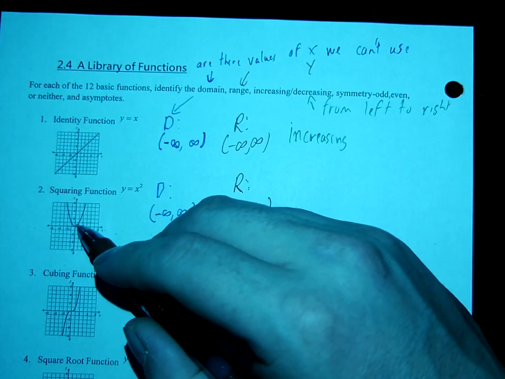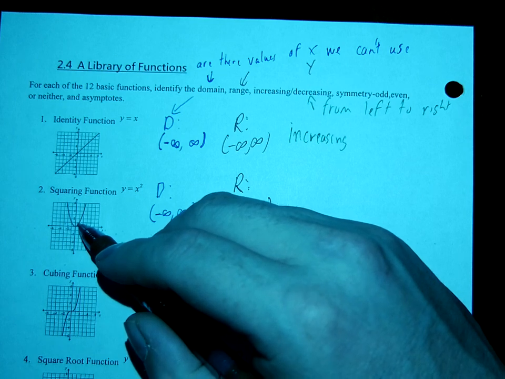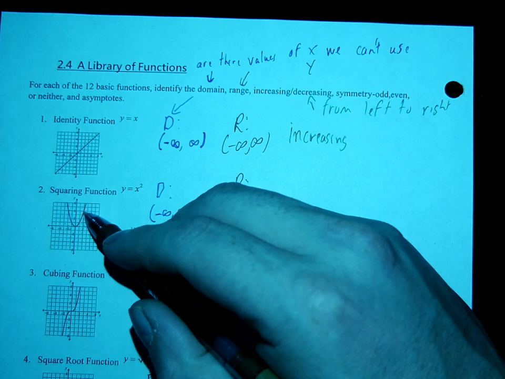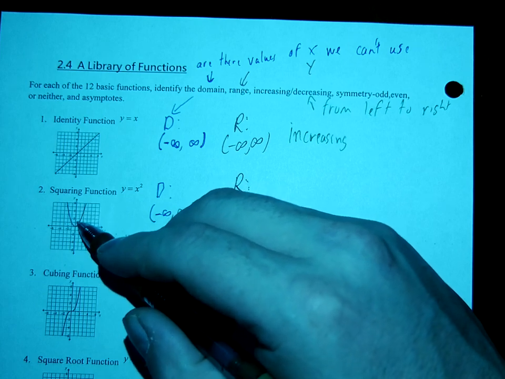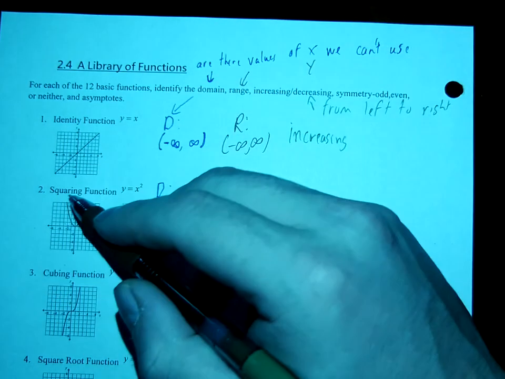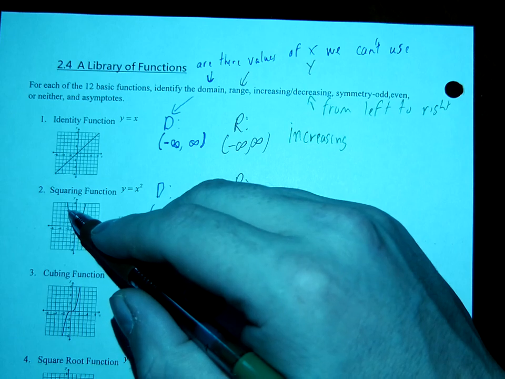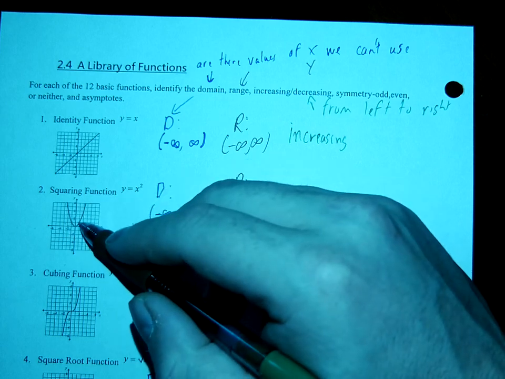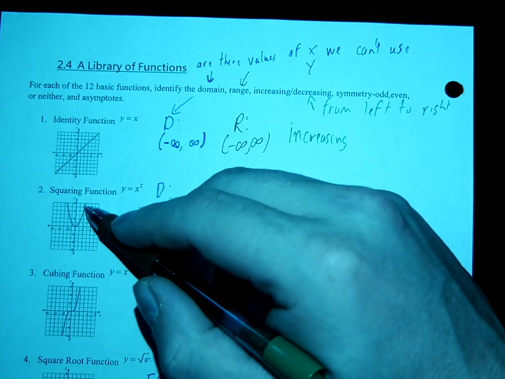So when x is 1, y is 1. But when x is 2, y is now 4, which is an increase in the y value. So again, that's opposite. When x was -2 and we went right, y became 1. But when x was 1 and we came to the right, y became 4.